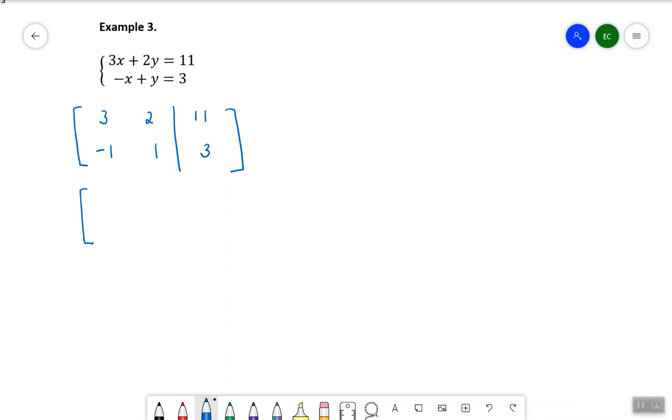There's a third row transformation, which is just to switch 2 rows. And so let's do that. Let's write the second row first and the first row second. And out to the side, let's just write switch row 1 and row 2.